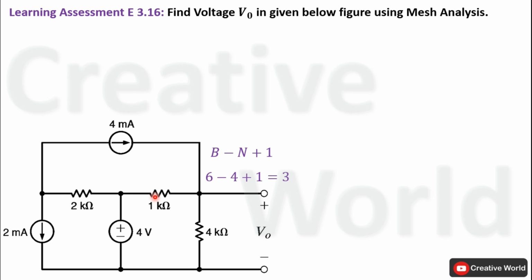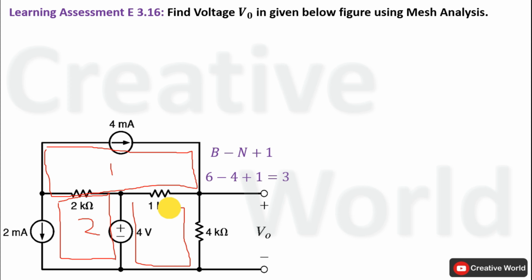So maximum 3 meshes can be formed in this network. The meshes will follow these paths. First mesh will be formed using this path. Second mesh will be formed using this path, and third mesh will be formed using this path.